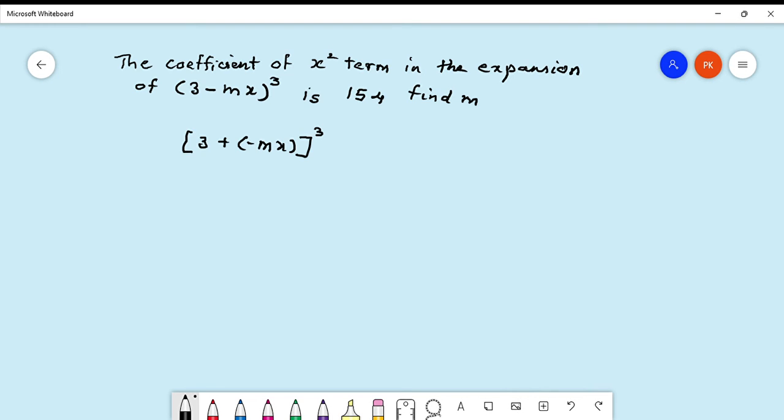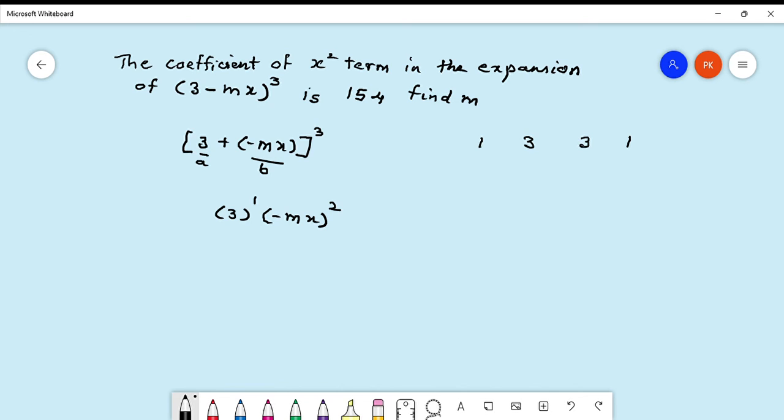Okay, so here a is 3 and b is negative mx, and you want x square term, so minus mx, I'll take power 2, so 3, the power will be 1, and the coefficients are 1, 3, 3, 1.